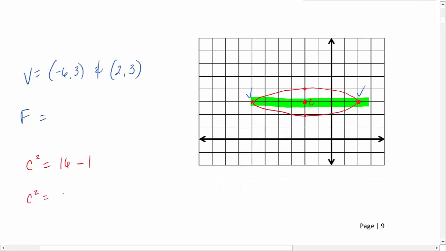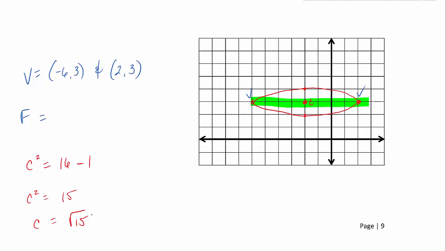We get C to be equal to the square root of 15. So I'm going off my center, square root of 15, along the major axis. You definitely do not want to create a decimal approximation for this. We're beyond that. We want exact answers, so we're keeping the square root of 15.